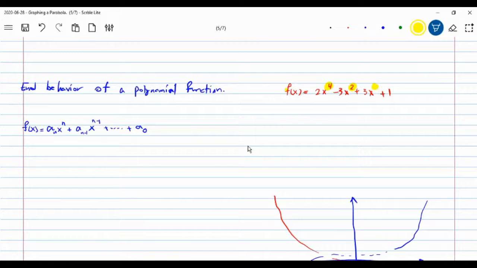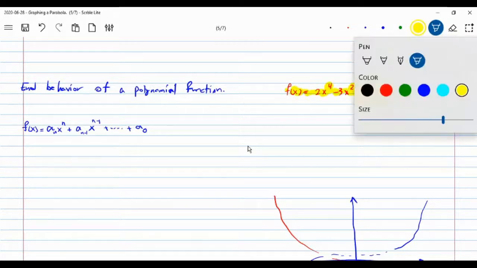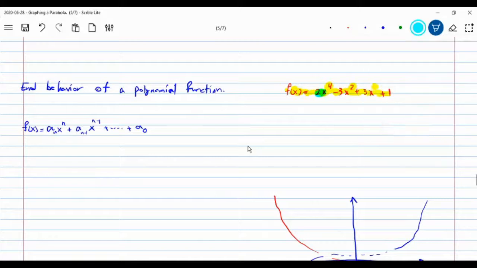So if you write a polynomial in descending order, the very first term of the polynomial, the term with the highest degree, is what we call the leading term. Assuming that the polynomials are in descending order, the first term is the leading term.